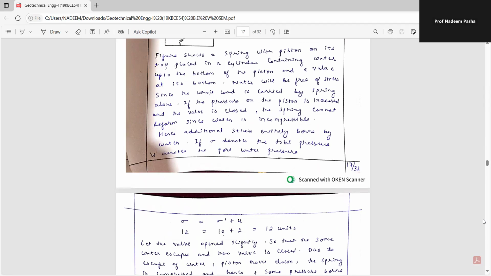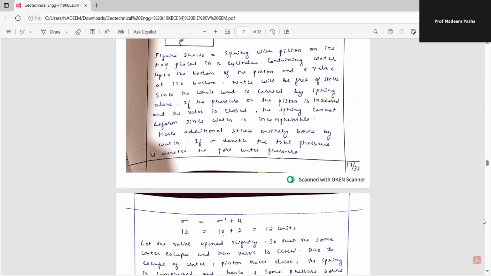Water will be free of stress since the whole load is carried by the spring alone. If the pressure on the piston is increased with the valve closed, the spring cannot deform since water is incompressible. Hence the additional stress is entirely borne by water. If sigma denotes the total pressure and u denotes the pore water pressure, sigma equals sigma dash plus u. Sigma is 12, that is 10 plus 2.